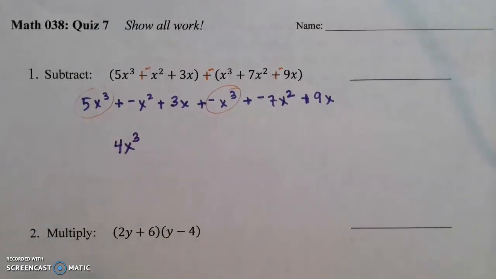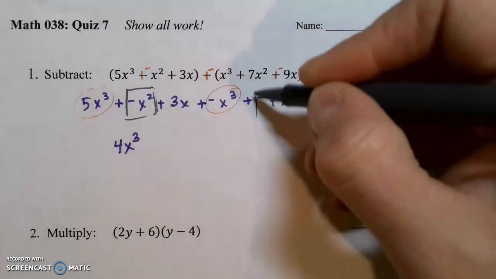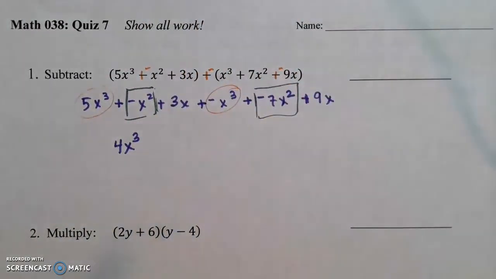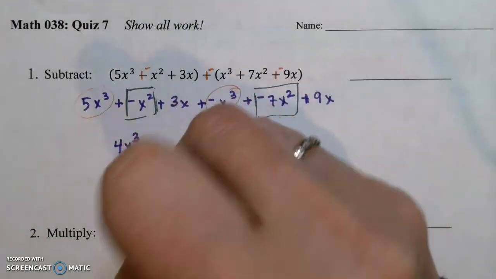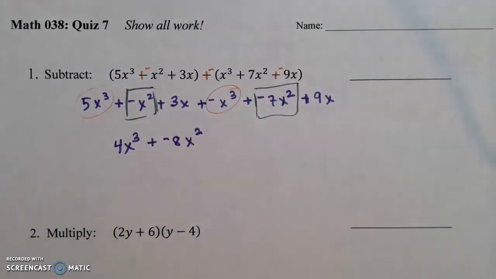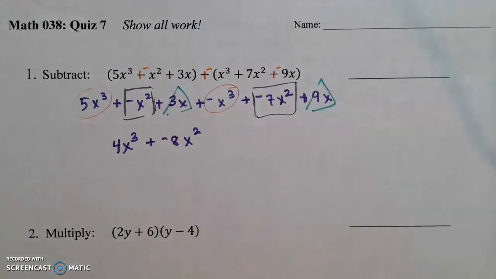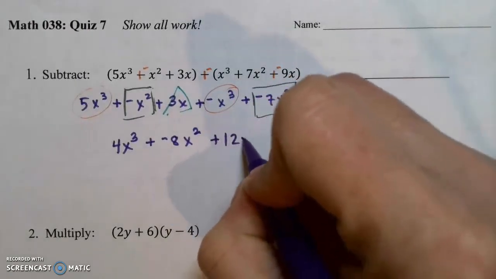Then if I look at x squared terms, there's one there and one there. So I can add those x squared terms together and get a negative 8x squared. And then looking at the x terms, I have a 3x and a 9x, so adding those together would be 12x.